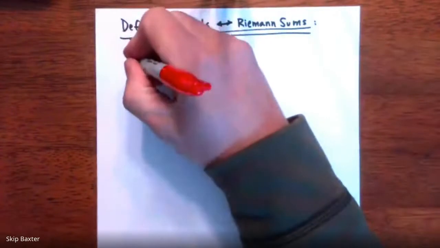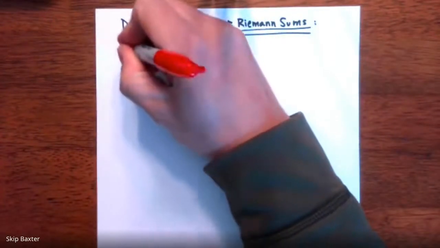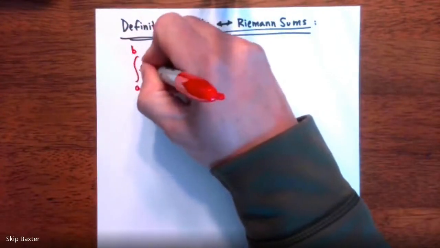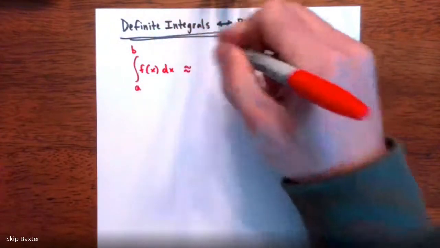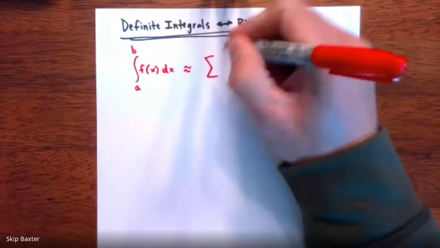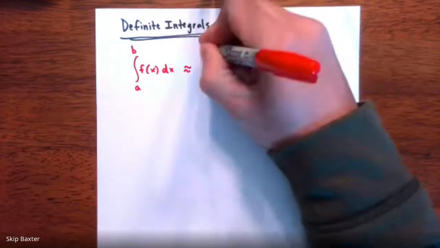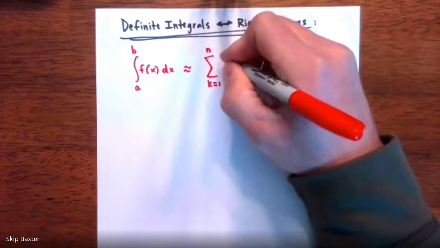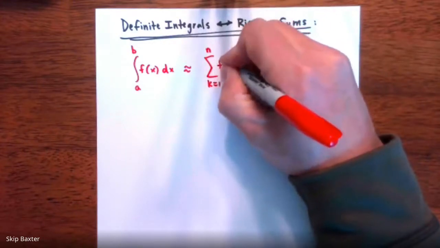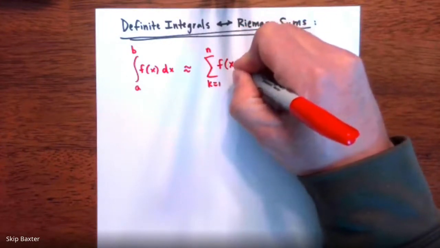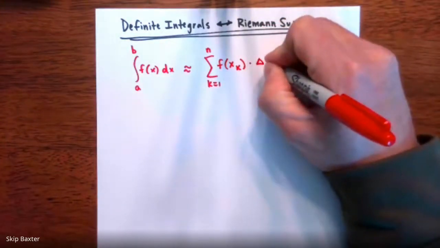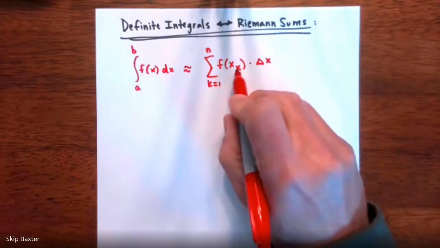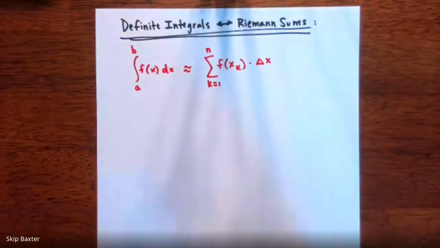If you have the integral from a to b of f of x dx, then it's approximately equal to the sum from k equals 1 to n of f of x sub k times delta x. Think of it that way. This is like the height of each rectangle, and this is like the width of each rectangle. N is the number of rectangles, right?